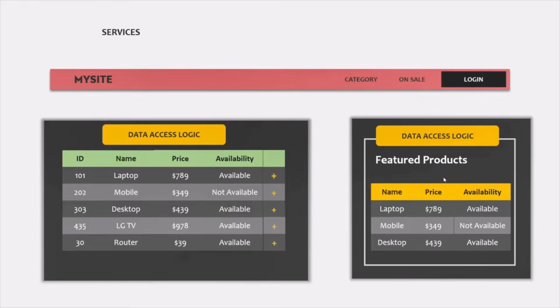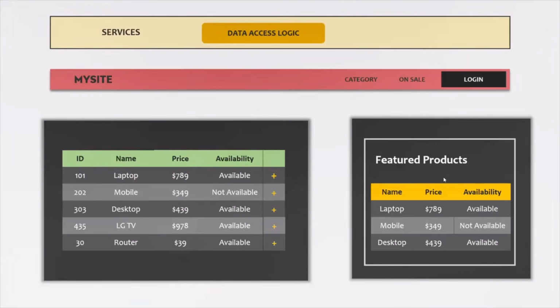So again, here we can make use of services and we can define the data access logic in that service class and reuse it in the components where we need it. And in this way, we are using a service to reuse a piece of code at multiple places in our Angular application. And this is the main use of a service in Angular. We use services to define reusable code in our Angular application.